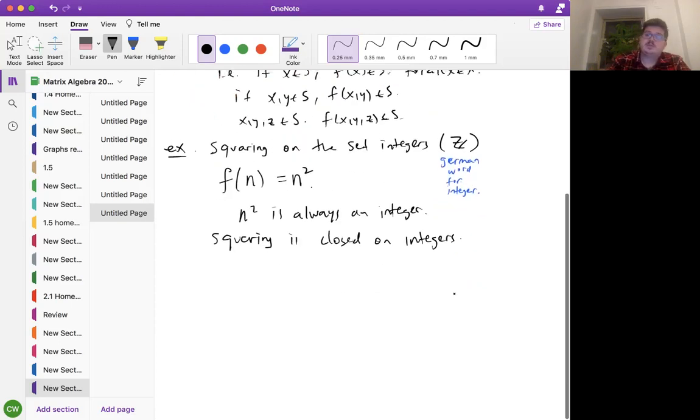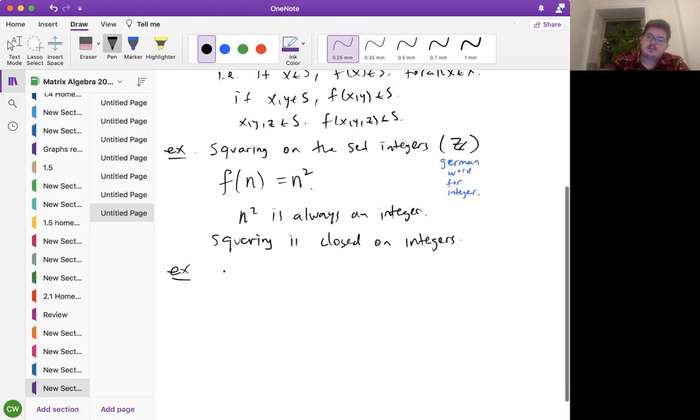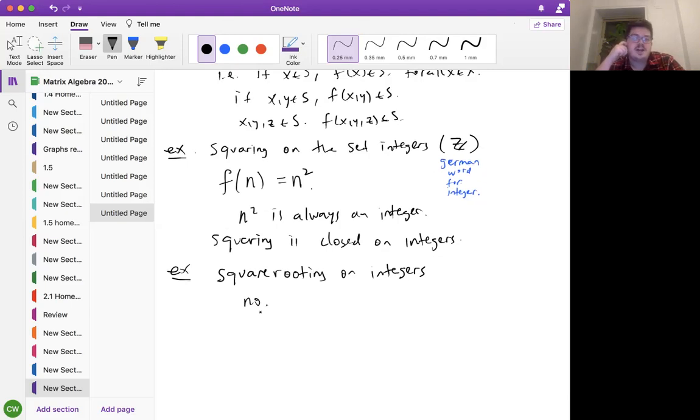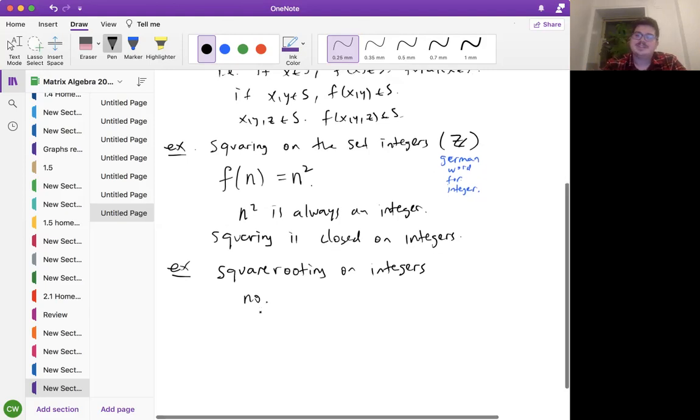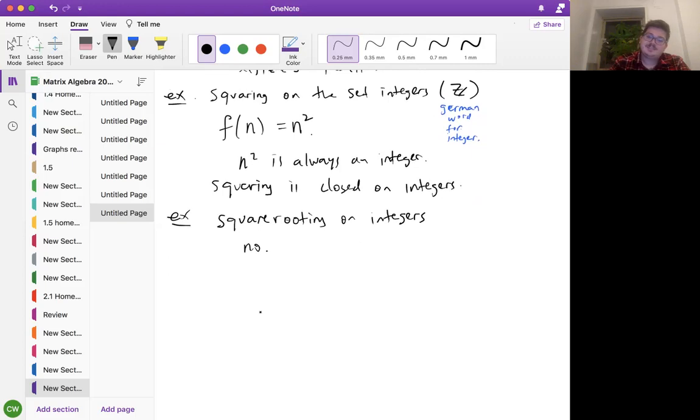Okay, let's do another one. Square rooting on integers. No. Division is not valid, we'll talk about division next.